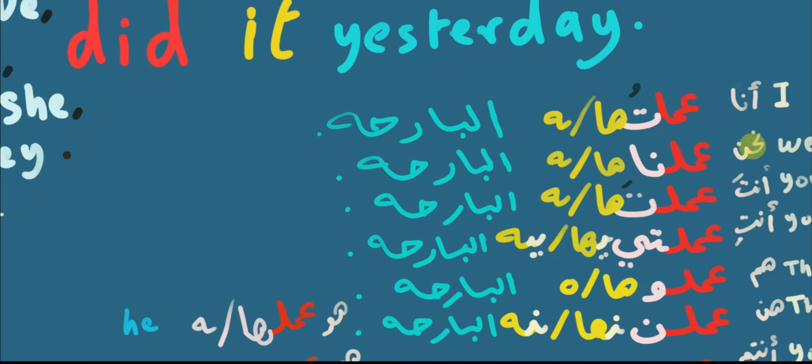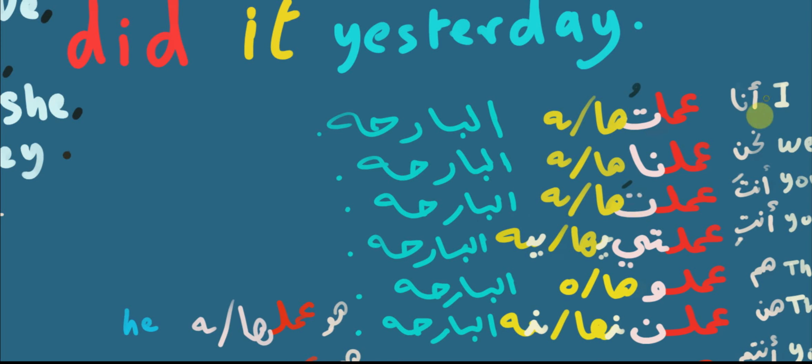If it's we, نحن, you say عملناها, عملنا, this na here, عملناها, عملناه البارحة. If it's you, for a singular second person masculine, you say أنت. Notice this short vowel here. You say عملتها البارحة. Notice the difference between this ta here and this ta here.